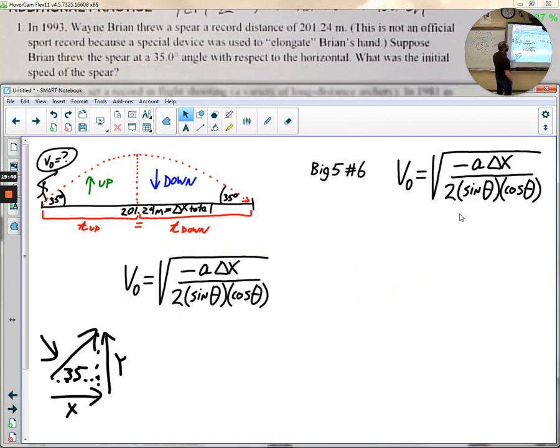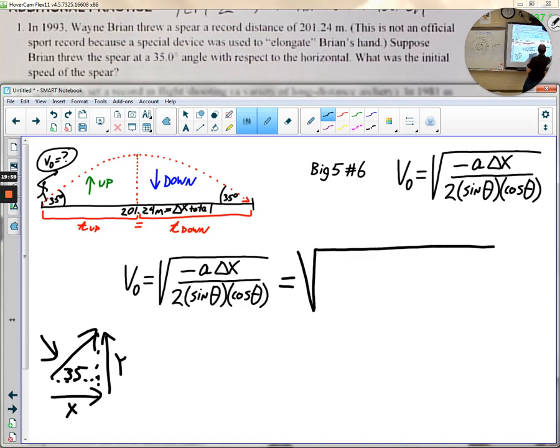So, VO is going to equal square root of negative a delta x over 2 sine theta cosine theta. Let's see what that actually translates out to in our problem here. It's going to be equal to negative a times delta x. Delta x here is this 201.24.